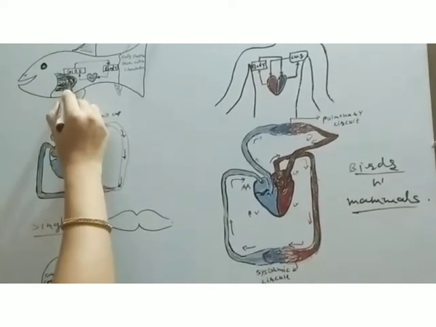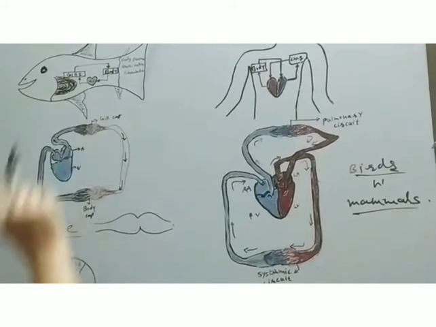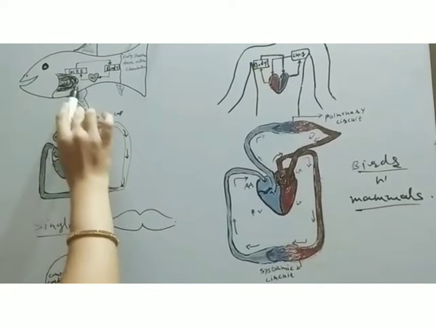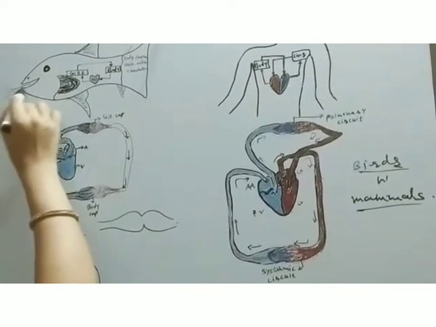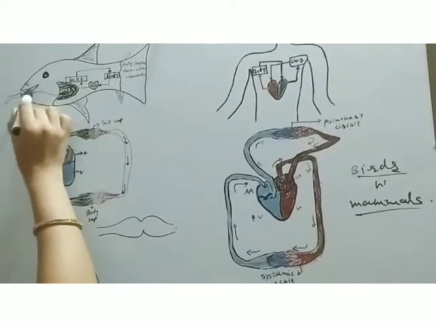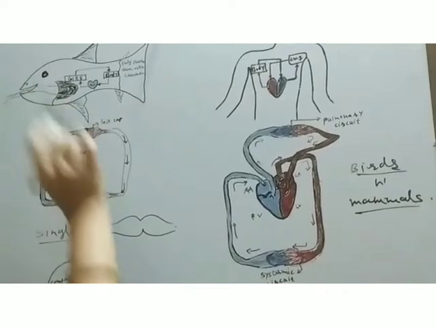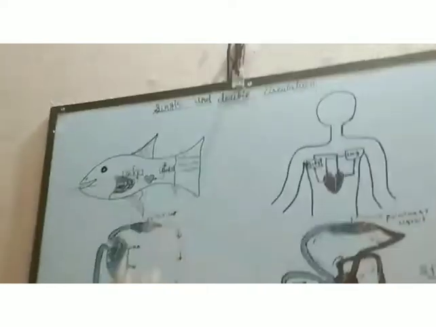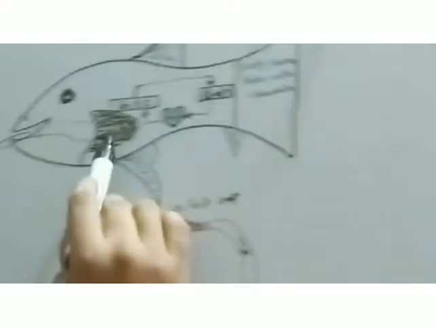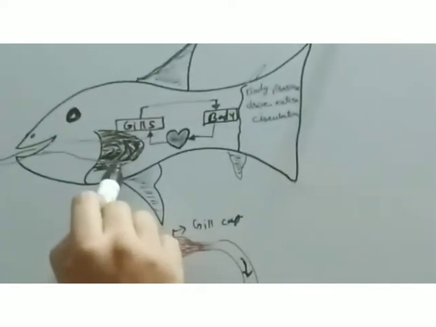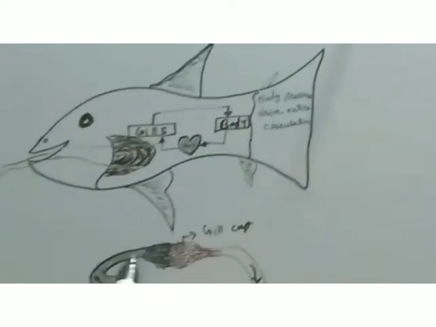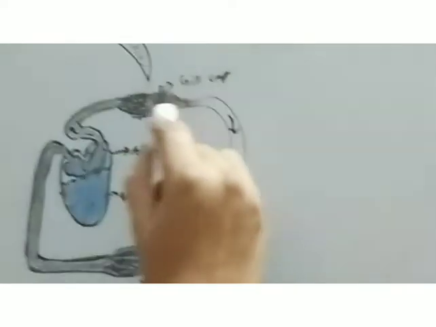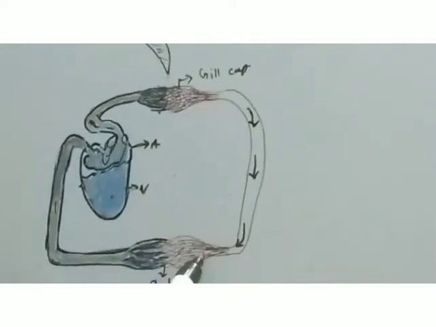These are the gills of the fish, which is the part of respiration where the oxygenation of blood takes place. From the mouth water enters and flows over the gills and the gaseous exchange takes place. So the heart sends blood to the gills, and then oxygenated blood from the gills is sent to the body parts.